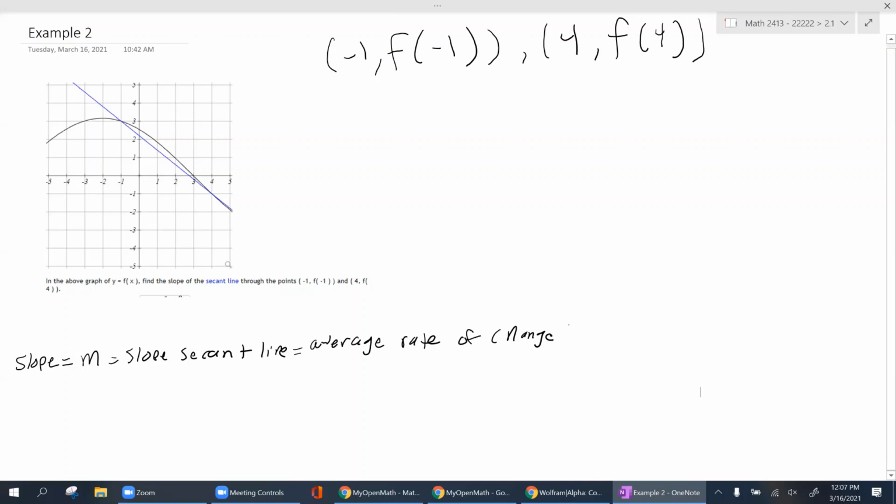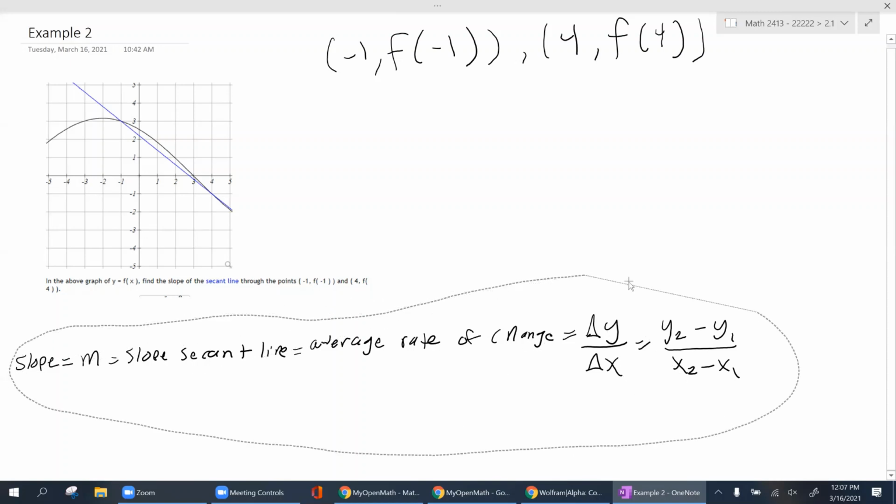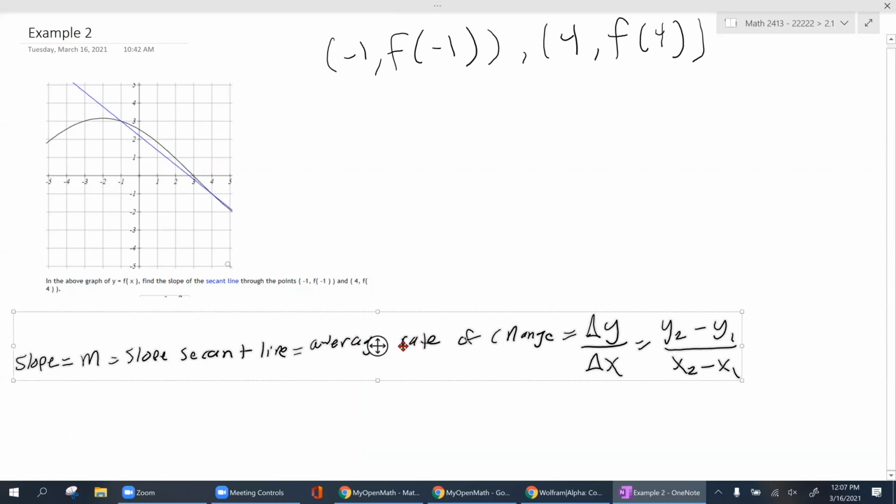We know that it is the difference in y over the difference in x, or more specifically, what we're used to seeing is y2 minus y1 over x2 minus x1. So in other words, you just need 2 points. You can find slope as long as you're given 2 points.